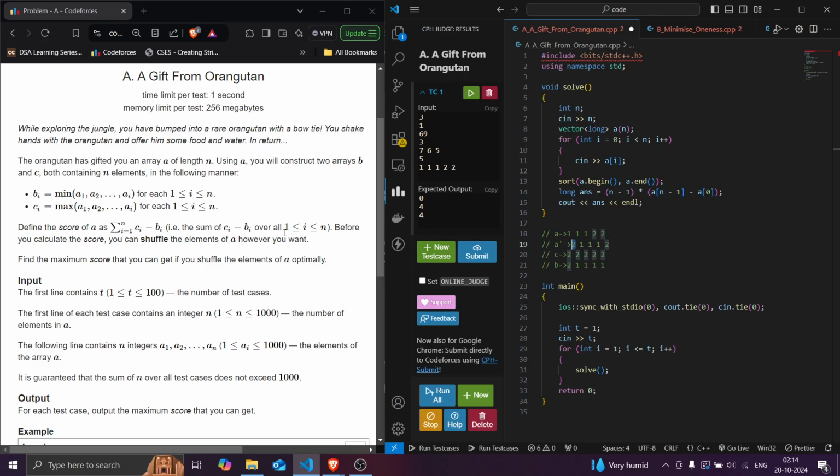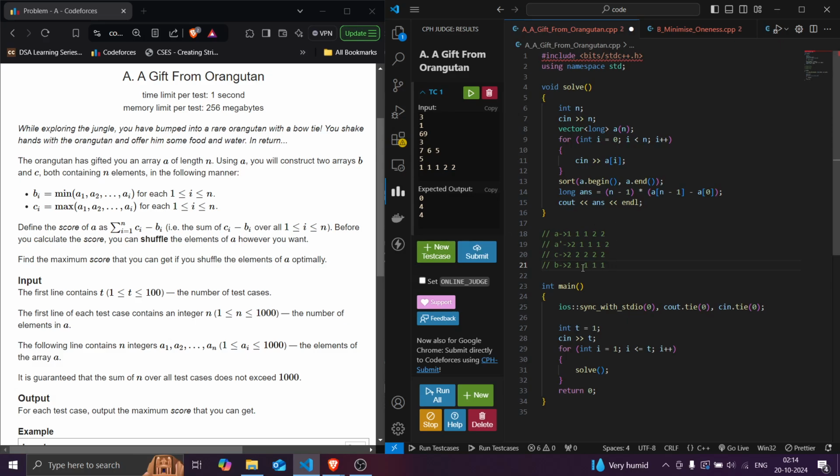I have to look for the minimum. So I will put the minimum of all the elements at the second position. In this case 1 is my smallest, so I have put that. So B2 will be the minimum of 2 and 1, again 1, and since I have the minimum number at the second position, eventually all the numbers will be the minimum only. So this is how my B will be constructed.